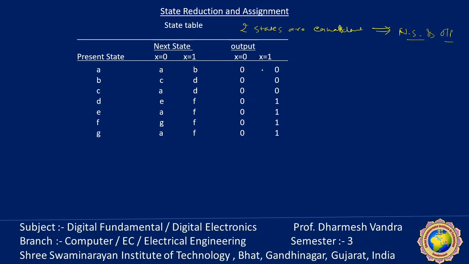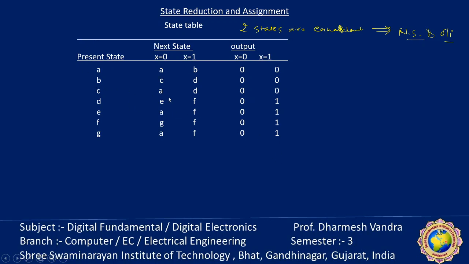The row of this is the same. So A, B. Is A, B repeated everywhere? No, B is not there. B, C, D. Is C repeated? No, C is not repeated here. This A and B is not repeated here. B, C and D are not repeated here.